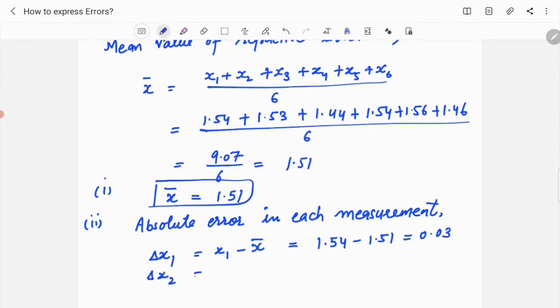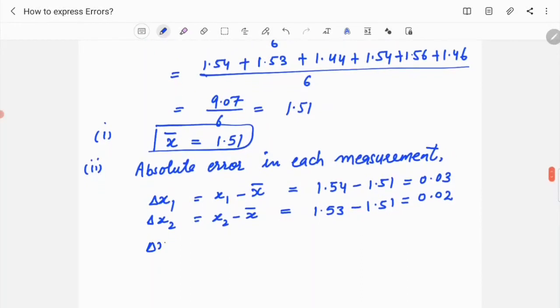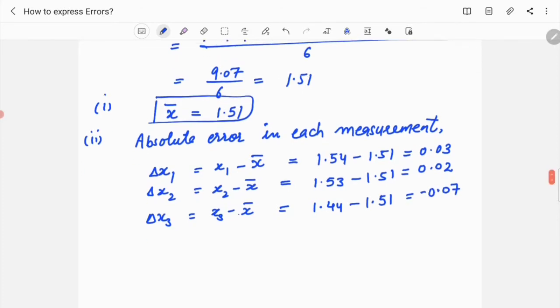Delta x2 is x2 minus x bar, 1.53 minus 1.51, which is 0.02. Delta x3 is x3 minus x bar, 1.44 minus 1.51, which is minus 0.07.